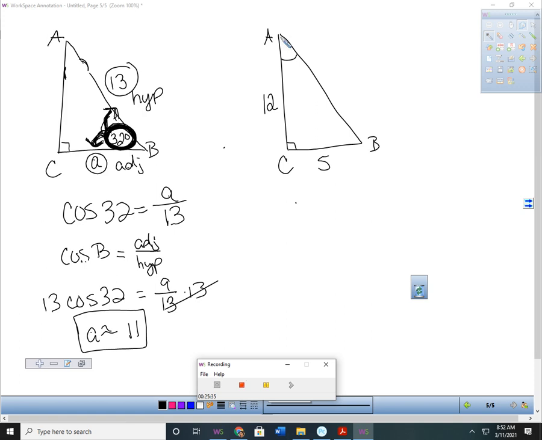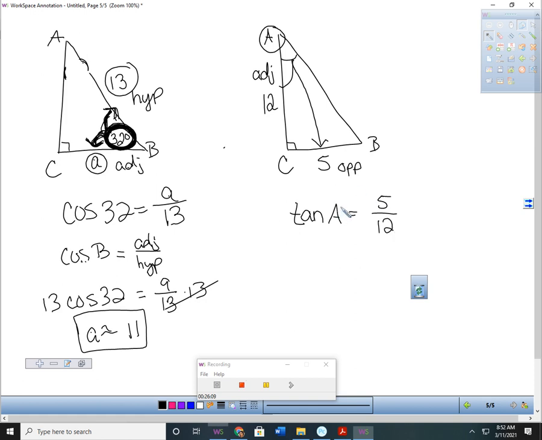Okay, so this one. This is what I'm trying to find, right? This is the unknown, the angle. So if I don't know the angle, I have to know two sides, right? So across from this angle, that side would be the opposite, and right here, this side would be the adjacent. So opposite and adjacent, that would be tangent. Tangent of your angle is equal to opposite side over adjacent side.